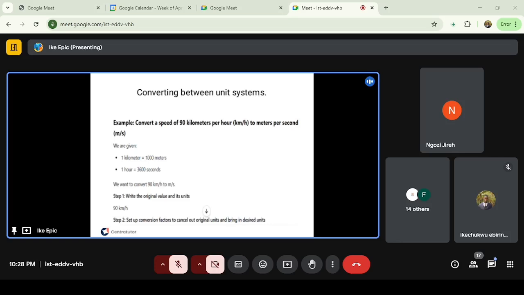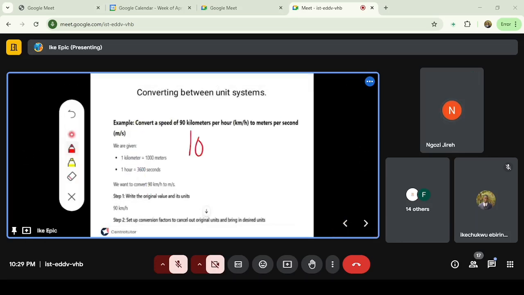We would use the conversion value on the smaller one to multiply the value of the bigger one. Let me explain what I mean by that. We know that 1000 gram is equal to 1 kilogram. We know that kilogram is bigger than gram.